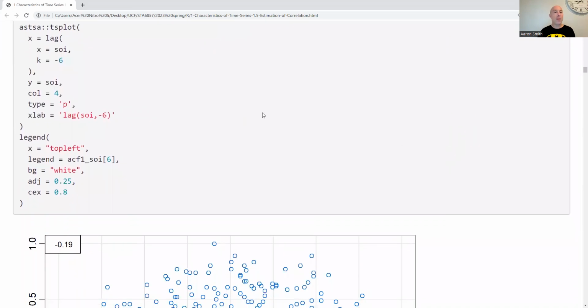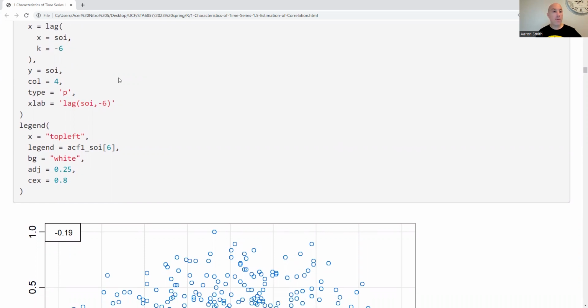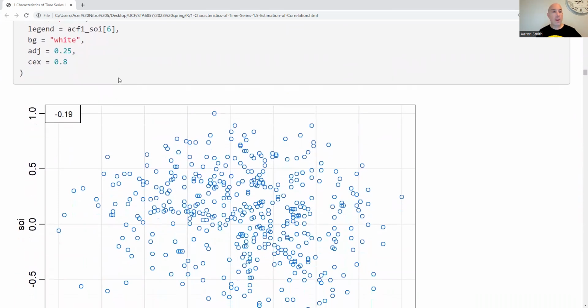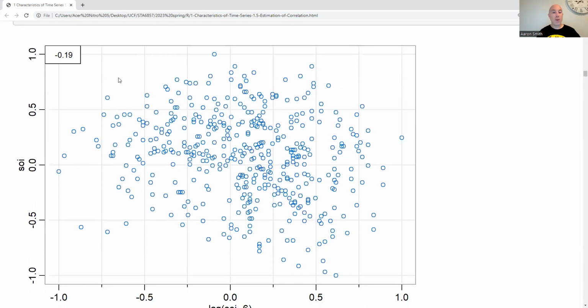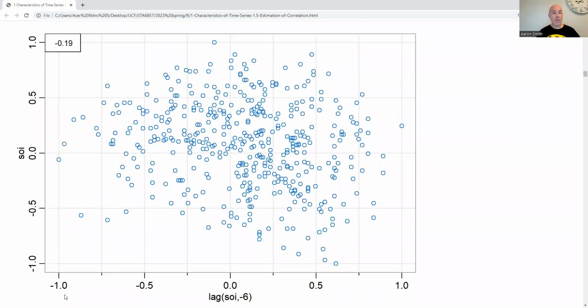All right, now let's go ahead and take a look at -6 for our lag, for our shift back in time. Now when I plot it, I've got observations from 6 time steps back. Here is the current observation on the y-axis, and we see we've got a -0.2 correlation.